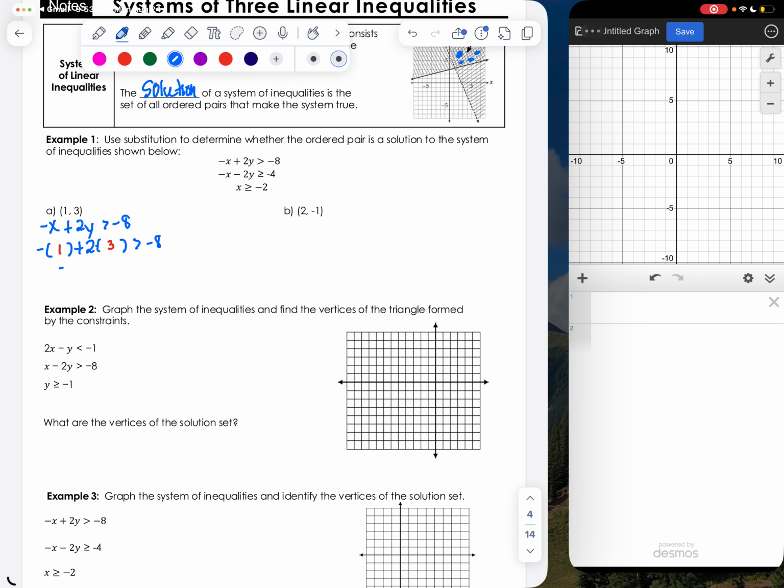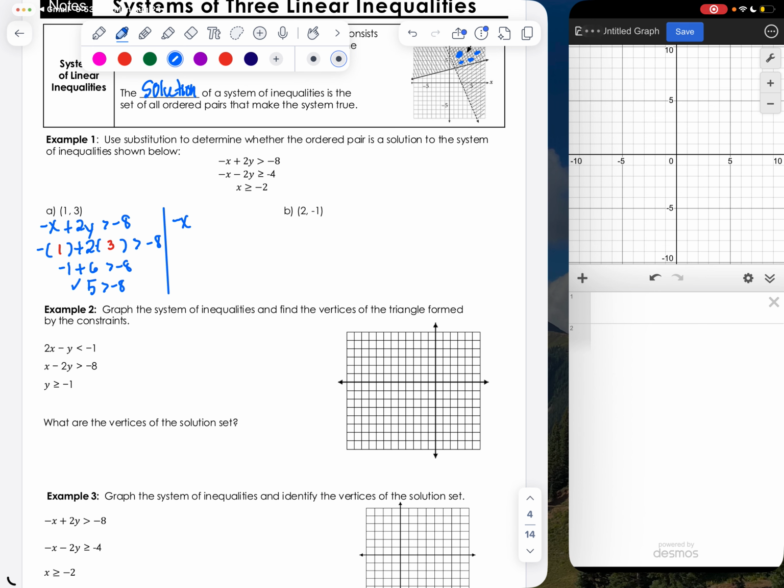So that would give me negative 1 plus 6 is greater than negative 8. And negative 1 plus 6 is 5. And 5 is greater than negative 8. So the ordered pair made the first inequality true. Now, that doesn't mean it's a solution yet. It has to make each inequality true. So now I'll try my next one.